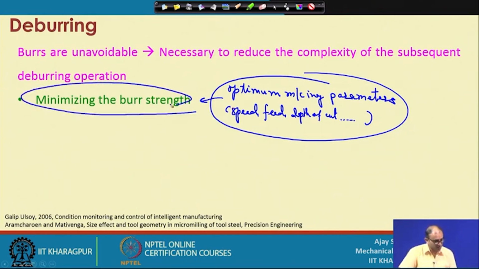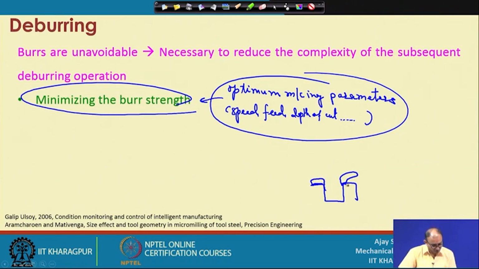Strength of the burr: suppose this is your workpiece and your burr is formed here. This is the only location where the burr is attached to the workpiece surface. There is another way the burr may form, something like this, and this is the location of the attachment.